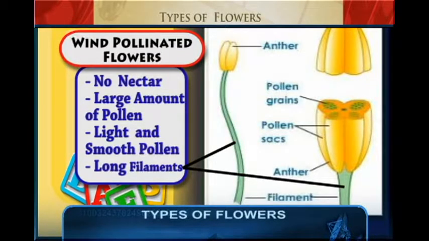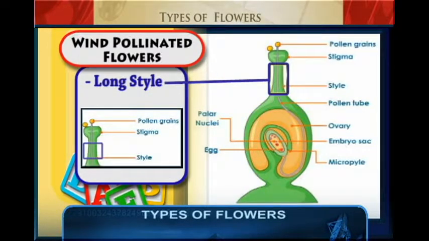So they have a long filament which supports the anthers in a position where they can easily be blown, such that the pollen is transferred to the stigma. Another characteristic is that they also have a long style, which is placed in a position such that it supports the stigma and places the stigma where it can easily attract or absorb any of the pollen that is available.